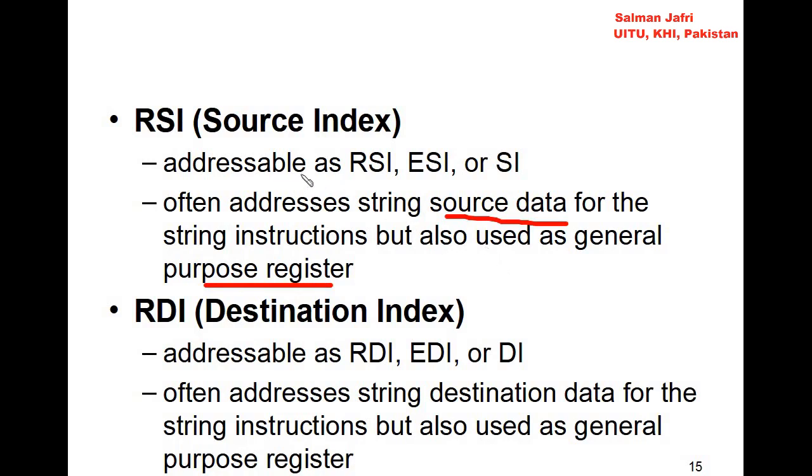As I talked about DI, when I talk about SI, I told you that SI is used in combination with DS. So we can write something like this: 16 bits of SI combined with 16 bits of DS would generate a 20-bit physical address. And this is the same that we have discussed before.